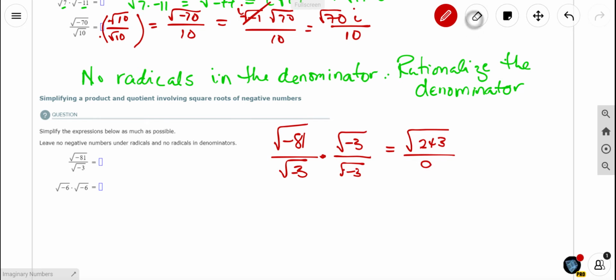My bad. Hang on. Started writing the square root of 9, and I don't want to do that. Negative 3 times negative 3 is 9. So you would get the square root of 9, which is 3. Okay, sorry.